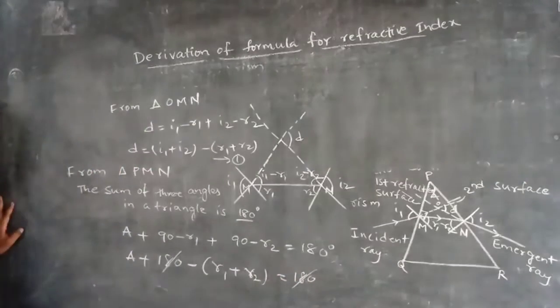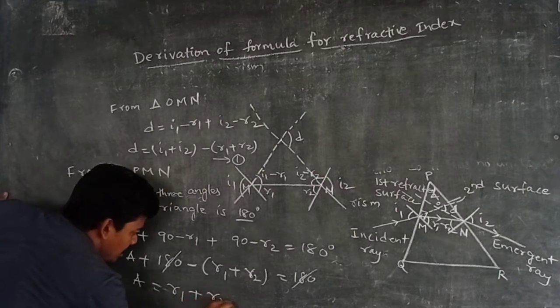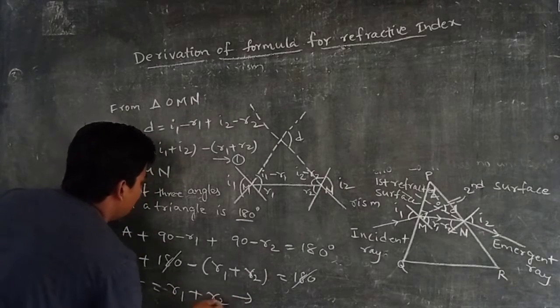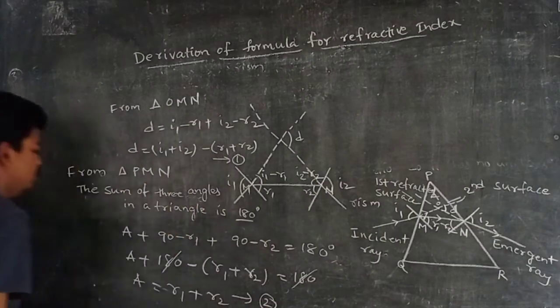The 180 gets cancelled. The remaining value is A is equal to R1 plus R2. This is taken as equation number 2.